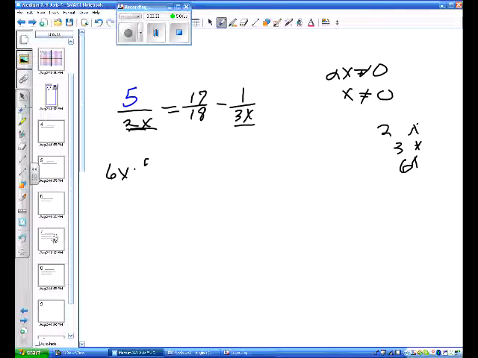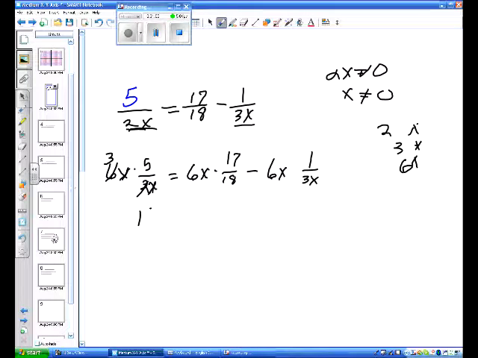So we have 6x times 5 over 2x is equal to 6x times 17 over 18 minus 6x times 1 over 3x. Okay, we can cancel. The 2 goes into the 6 3 times. The x's cancel. So we end up with 15 is equal to, well, 6 goes into 6 once.